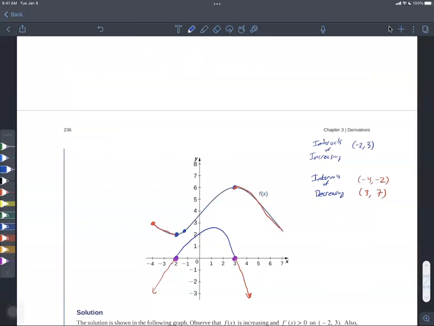This point here, and I will use a different color. Let's use green. How is the slope of this tangent line compared to the slope of the tangent line somewhere in here? And then comparing it to the slope of a tangent line over here.